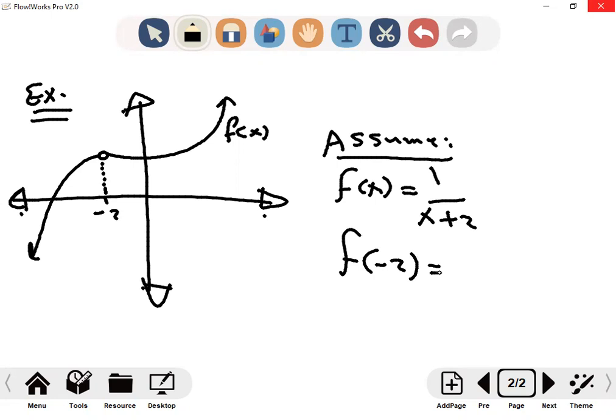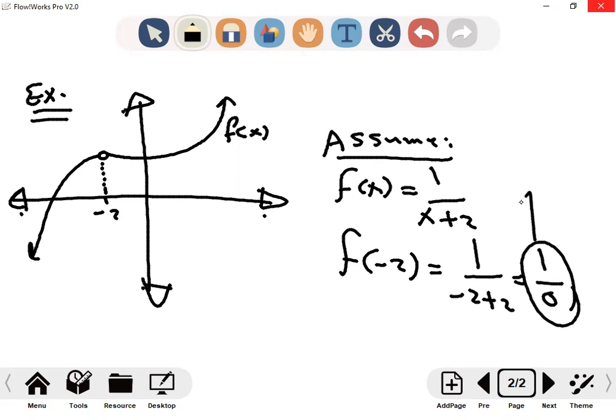It means I'm substituting -2 in f of x to see what happens. It will be 1 over -2 plus 2, which is 1 over what? 0. 1 over 0 is an undefined value. That's why on the curve of f of x, you will find a small circle at -2.